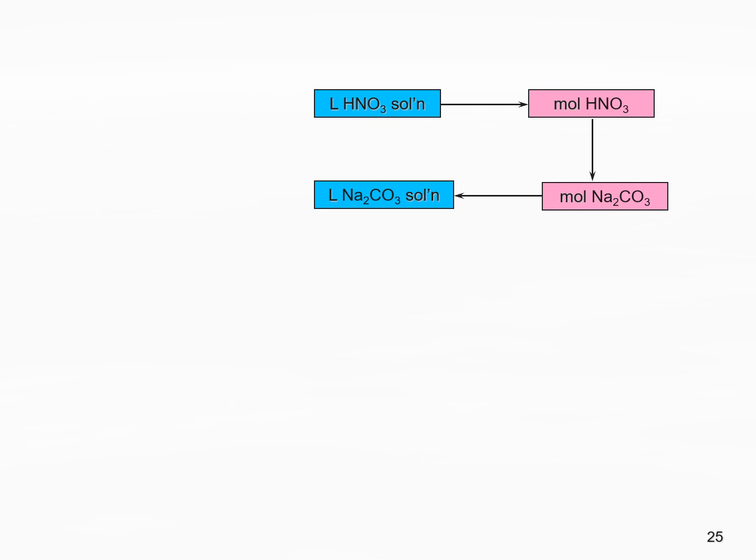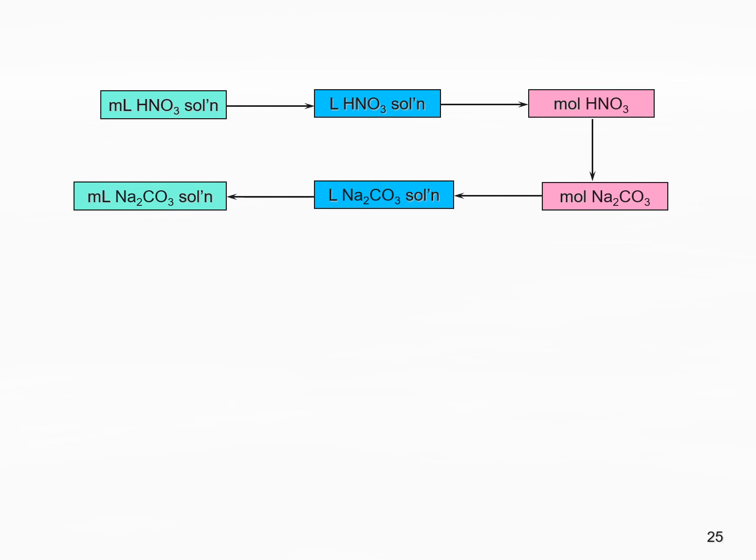All right, so we start from liters of nitric acid solution to the moles of sodium carbonate, back to the liters of sodium carbonate. And of course, remember, we got 2 more steps, convert the milliliters to liters and liters to the milliliters back. So what's the conversion factor between milliliters and liters?